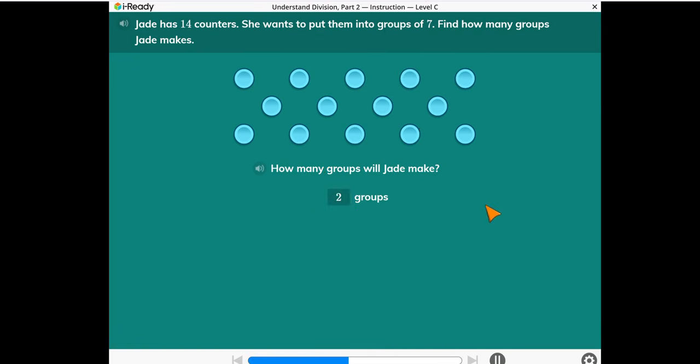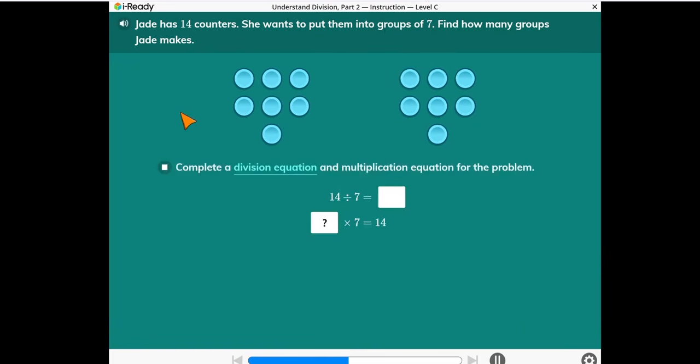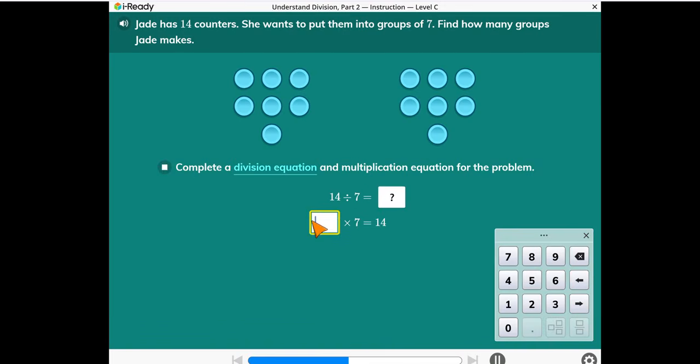Let's look at Jade's groups. Complete a division equation and multiplication equation for the problem.